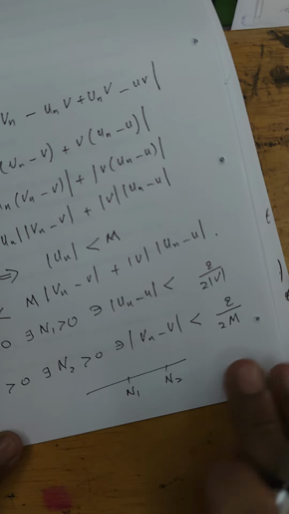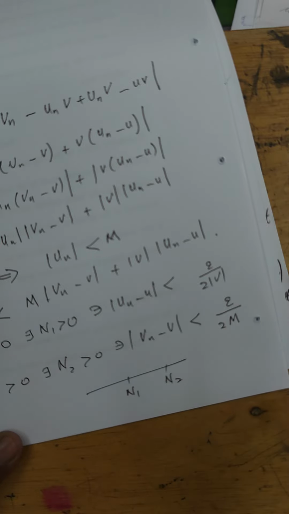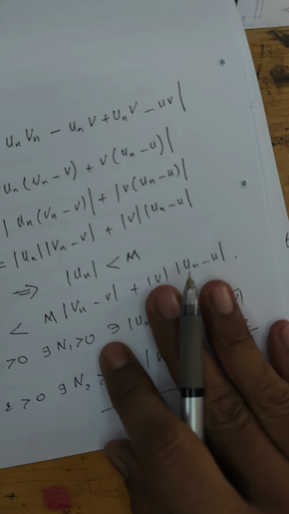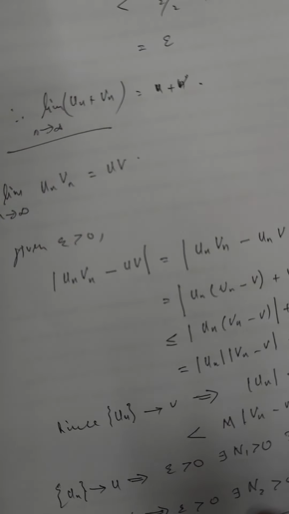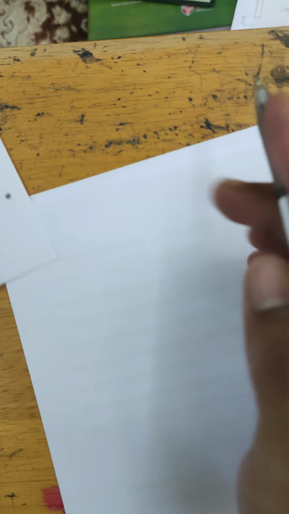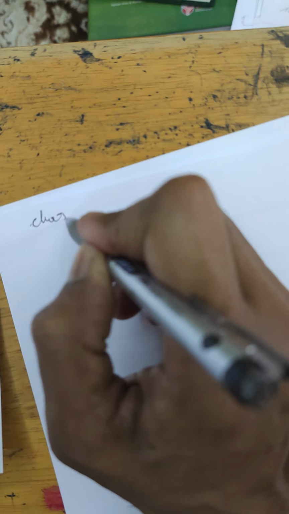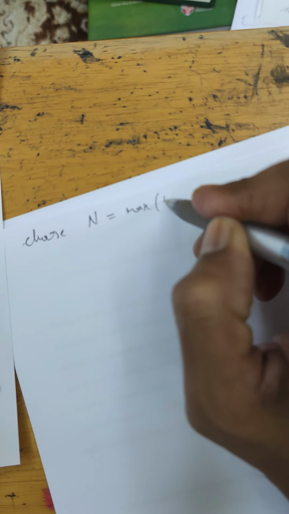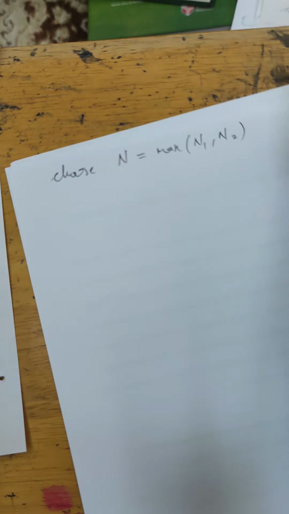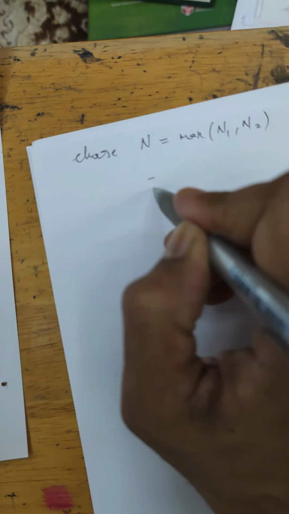We need to choose the maximum between those two, so that it satisfies the other case as well. Because there exists N, we need to find what N is. Now, by choosing N equal to the maximum of N1 and N2, the rest you can proceed. You just need one or two steps, two lines to complete the proof.